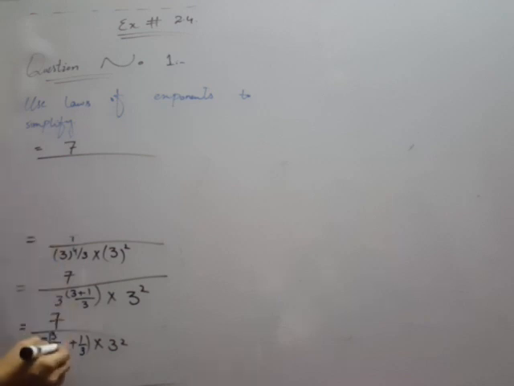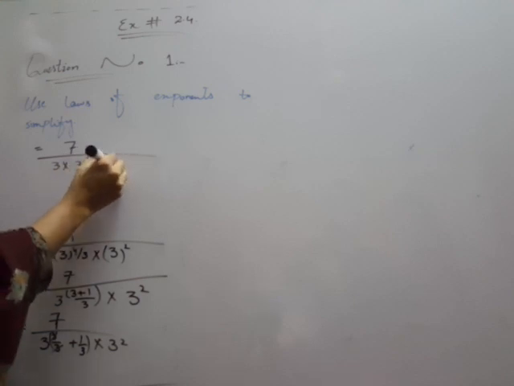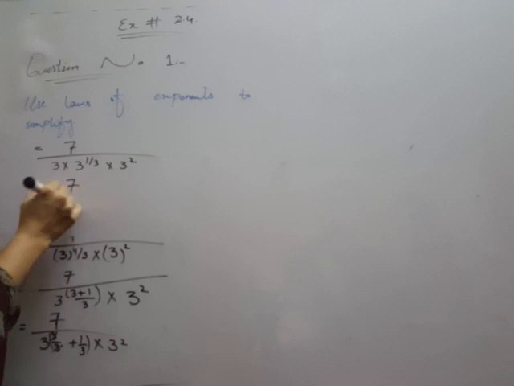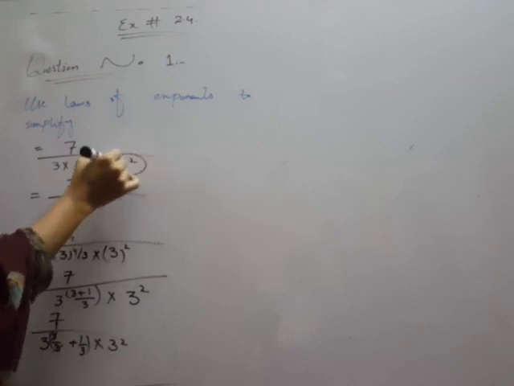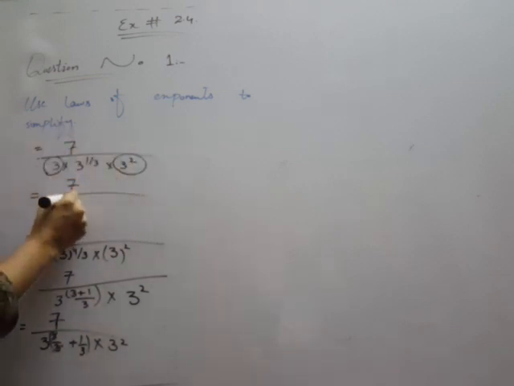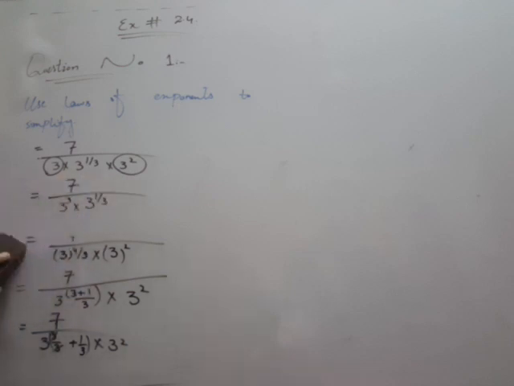This 3 cancels with this 3, so this will be equal to 3 multiplied by 3 raised to power 1 by 3 and multiplied by 3 square, and this will be equal to 7 divided by 3 square and this 3, because the base is the same, so 2 plus 1 is 3, multiplied by 3 raised to power 1 by 3.